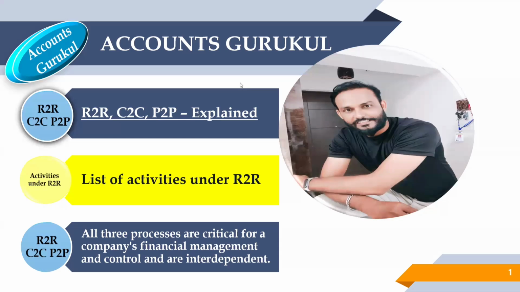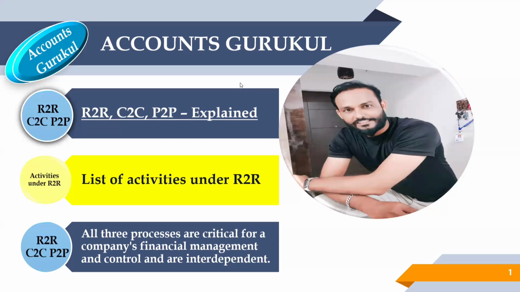All these three processes are critical for a company's financial management and control and are interdependent. It means that all the data we have captured in the subledger is going to flow into the GL.